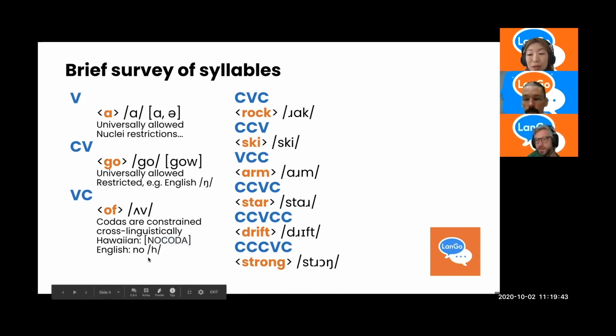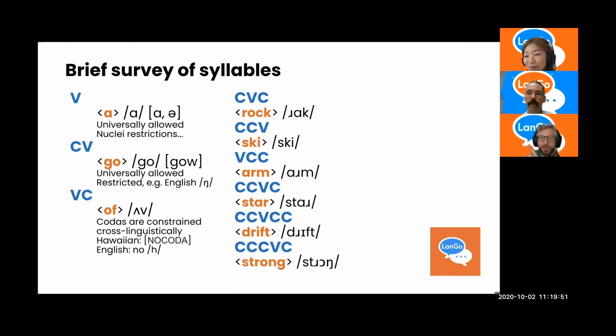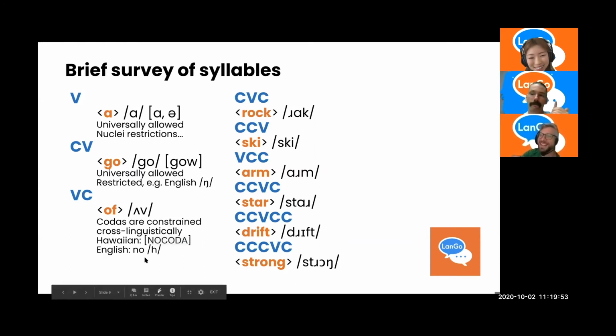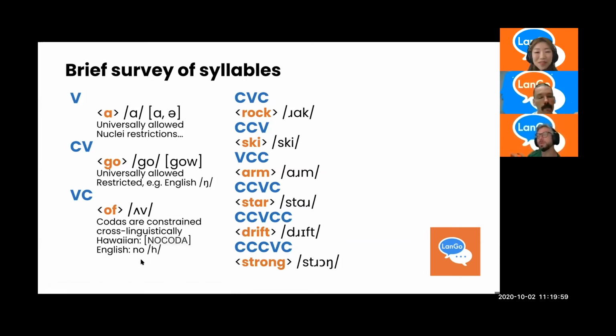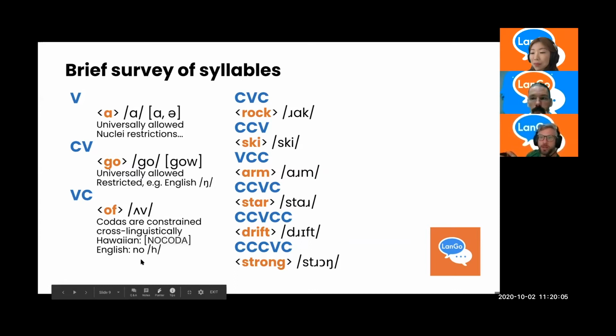Certain sounds can't be in the coda. Only one type of stop can be in the coda. If you want to know, sign up for Korean lessons. I'm joking, it's very Googleable. It's very easy to know. It's the least marked of them that's allowed. So this concept is useful for language learners, whether or not you are a practitioner of theoretical phonology.